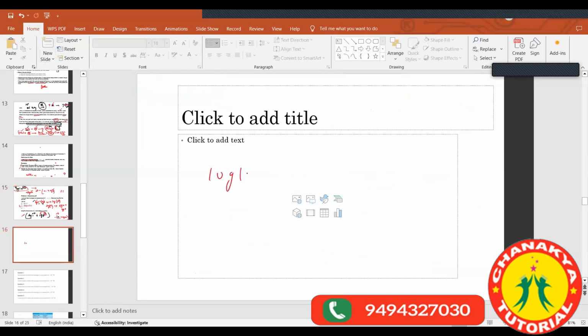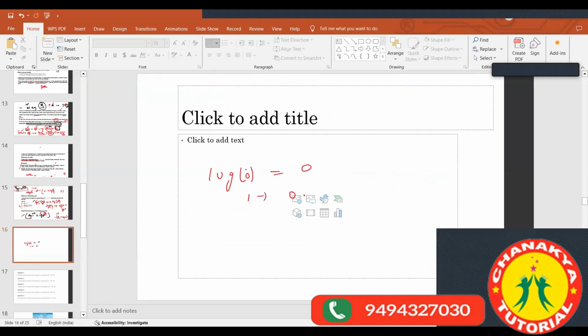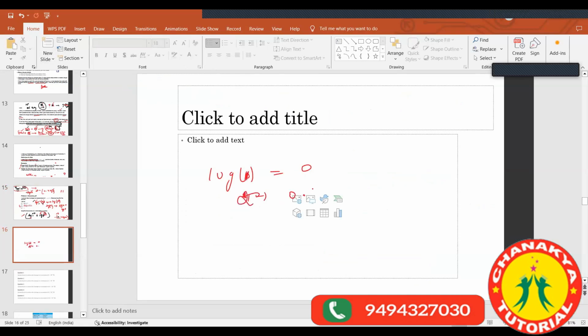Value of log 1 is 0. Value of log 2 is 0 point something, some 4. Value of log 3 is 0 point something, 5. It keeps on increasing. The value of log 10 will obviously be 1, because starting from 0, it increases 0.4, 5, 6, 7, 8, and at one stage it comes to 1, log 10.